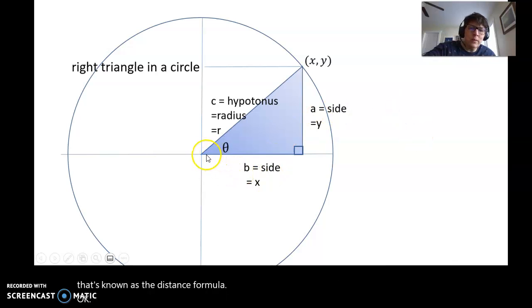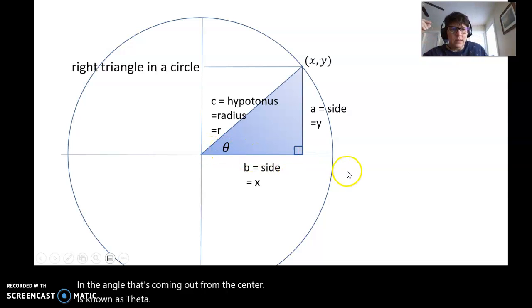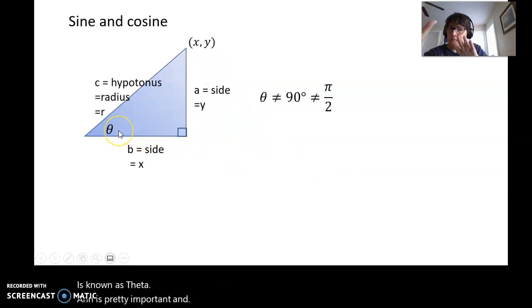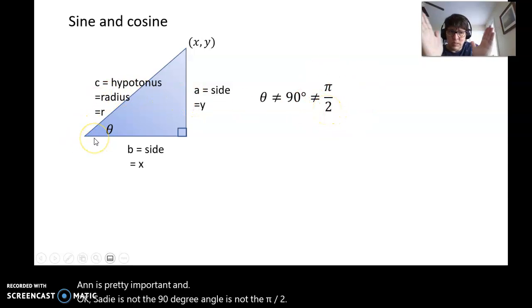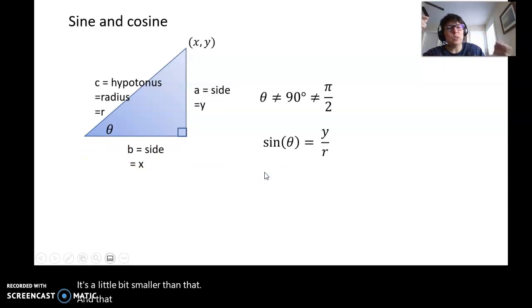And the angle that's coming out from the center is known as theta. And it's pretty important. And theta is not the 90-degree angle. It's not the pi divided by 2. It's a little bit smaller than that. And that allows us two really important functions, sine and cosine.